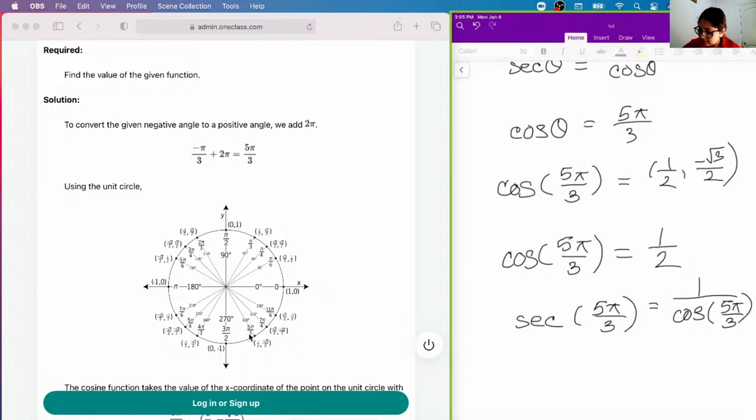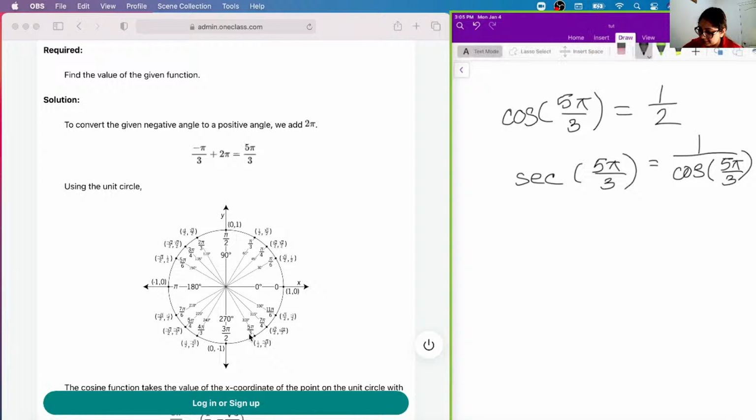Since we said that cos of 5 pi over 3 is a half, we are going to take the reciprocal of half. So we have 1 over 1/2, and to take the reciprocal of that, you have 2 over 1, which is equal to 2.